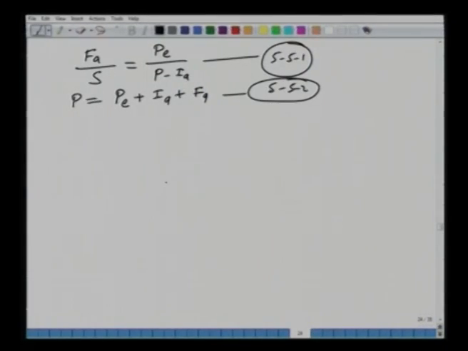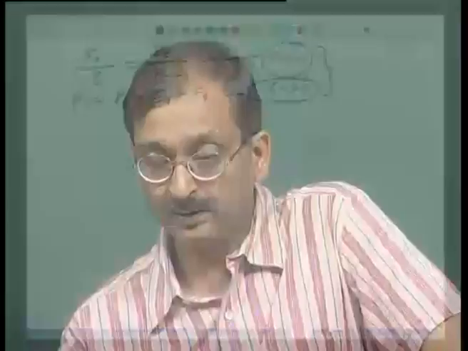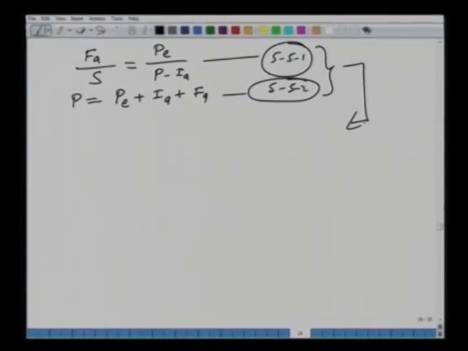Now, what we will do is combine these two equations. The algebraic manipulation we will not go through. It should be easy to see that once we combine these two equations, we can find the following relationship, which is PE is equal to (P minus IA) whole squared divided by (P minus IA plus S), and let us number this as 5.5.3.